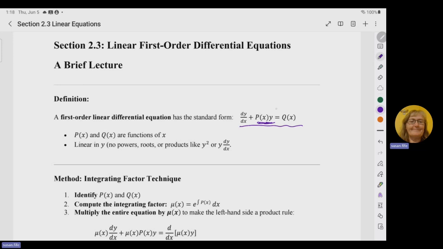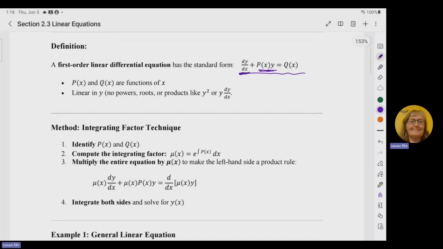Y is raised to the first power, and then the derivative of y is also raised to the first power. So this is a linear first order equation because we have a first derivative. And if you have a linear first order equation, you can introduce what's called an integrating factor.